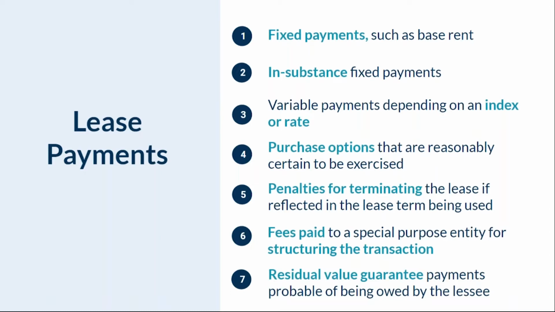They are fixed payments, including in substance fixed payments, variable payments tied to an index or rate, purchase options and termination penalties the lessee is reasonably certain to incur, fees paid to a special purpose entity for structuring the transaction, and residual value guarantee payments. So let's spend some time discussing some of the considerations for each of these various types of lease payments.